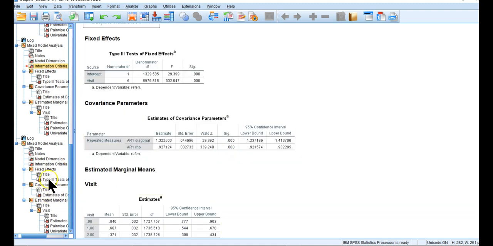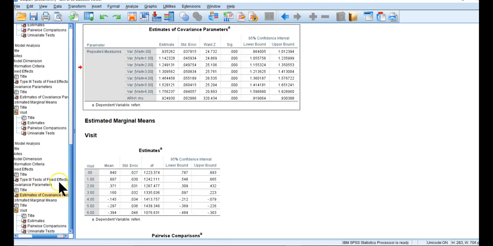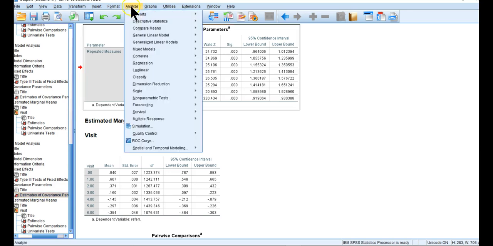And down here we can see our estimate is getting to be a little bit more complicated. But these are the variances for each of the visits, and they get a little bigger as it goes down. So we add a little bit of the diagonal advantage, but mostly we added to the covariance advantage to get down, but using different estimates each time isn't really buying us all that much.